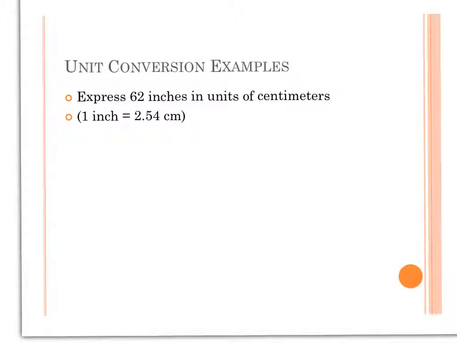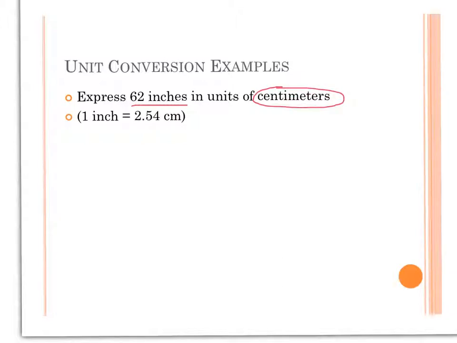So for every problem, the first step is going to be to figure out what unit conversion you want to use, what relationship. When I read this problem, I want to express 62 inches in units of centimeters. So I'm going to circle here what I know, which is 62 inches. What I want to find out is the number of centimeters that that's equal to.